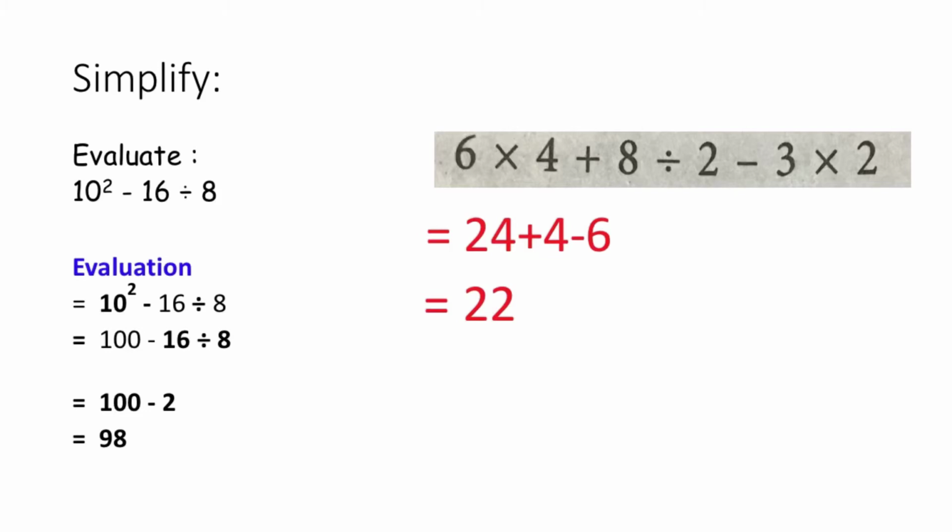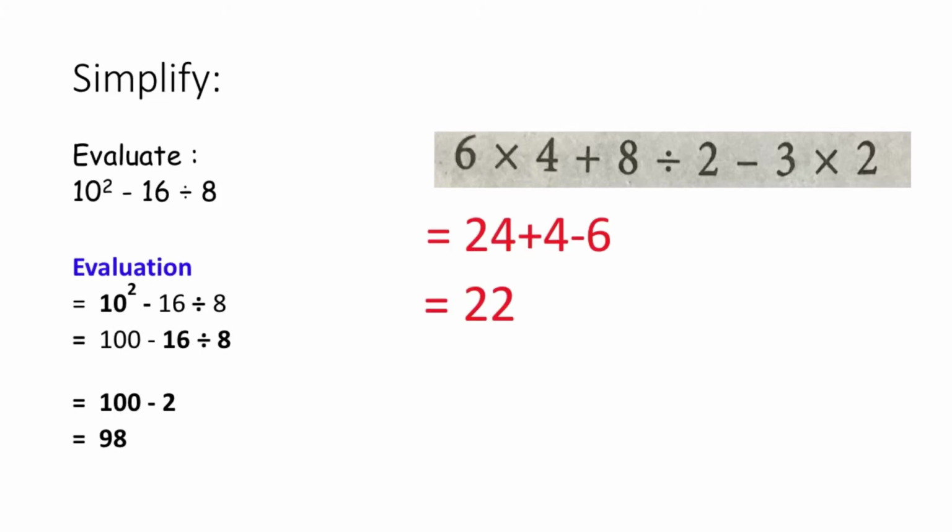We have 10 squared, which is 100. Then we can do the division. So our problem will be 100 minus 2, since 16 divided by 8 is 2. 100 minus 2 is 98. So the answer to our first problem is 98.